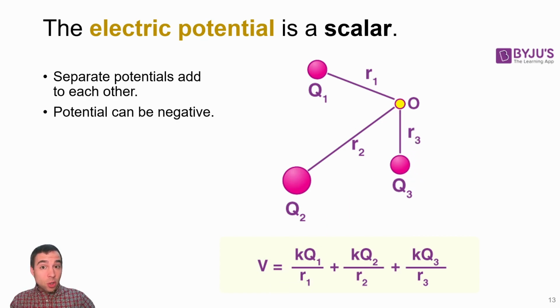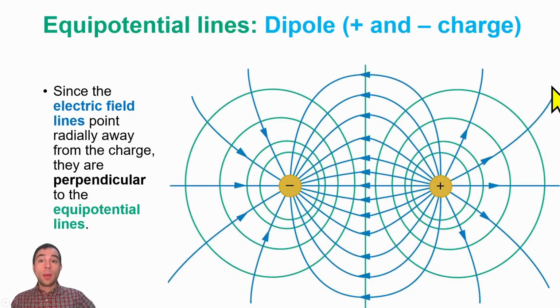The electric potential can be negative, and that will mean that it is a negative point charge that's generating that potential. For example, if we have a dipole where we have a positive charge and a negative charge near each other, we would have high electric potential near the positive charge and low electric potential near the negative charge. This line right down the middle could be considered to be a line of zero potential.